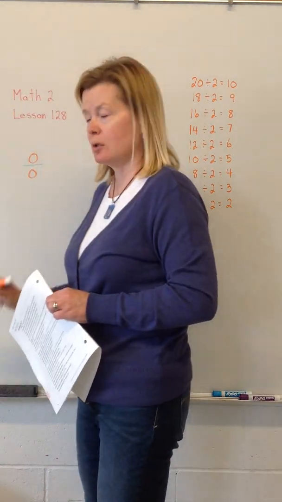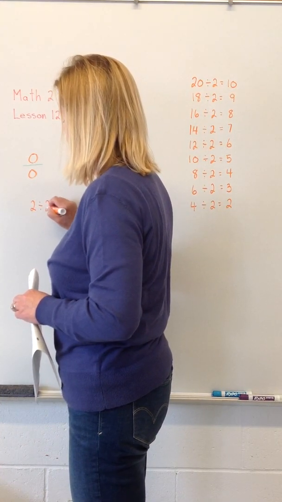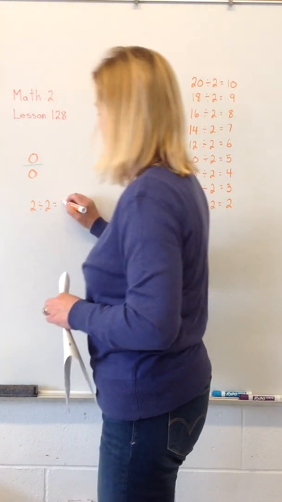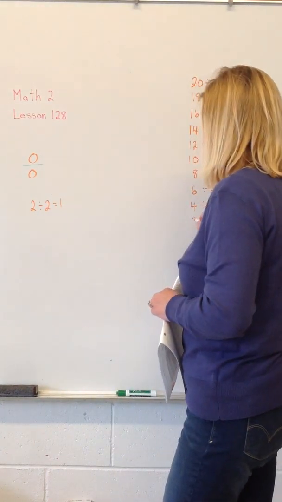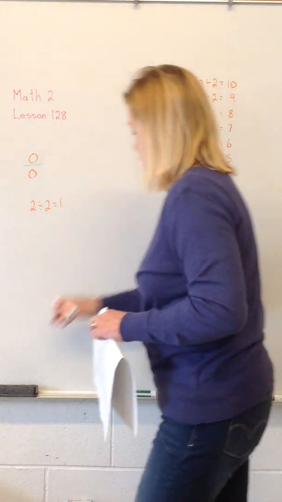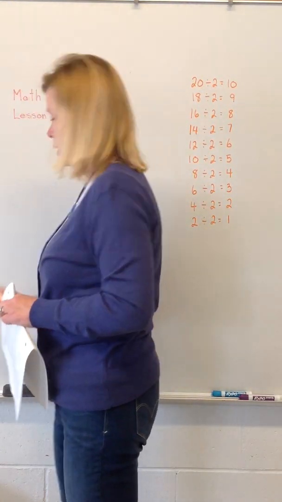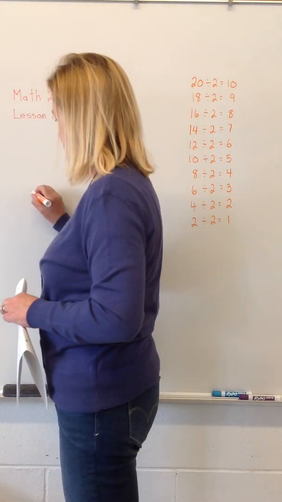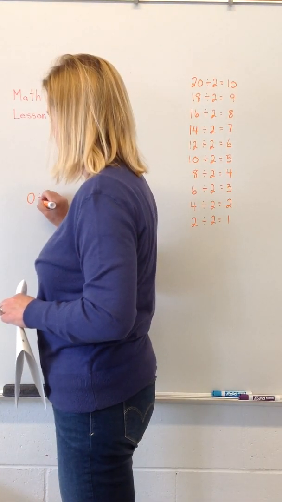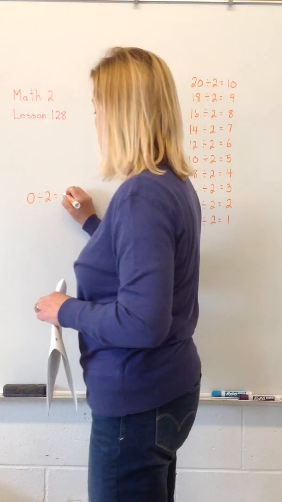We only have 2 children left. 2 children into 2 groups equals 1 on each team. And what if we have 0 children divided by 2 groups? How many do we have? There's nobody on the team.